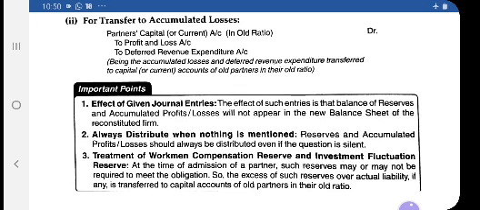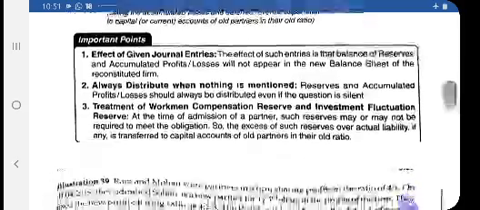And if there is such a claim or any change, you deduct that amount; the excess of such reserves over the actual liability, which will be specified in the question, is transferred to the capital accounts of the old partners in their old ratio. If nothing is specified, you simply distribute it. It is better to refer to the previous video, where I discussed workman compensation reserve and investment fluctuation reserve and the various possible cases separately.